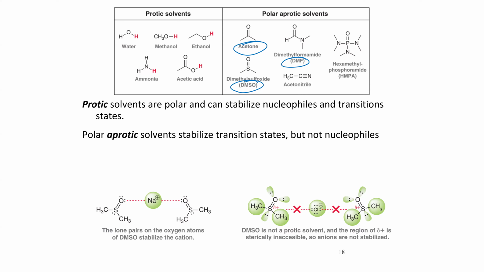And a lot of times you'll just see this written as hydroxide plus. You'll just see it written as DMSO above the reaction arrow if it's trying to indicate what the solvent is.